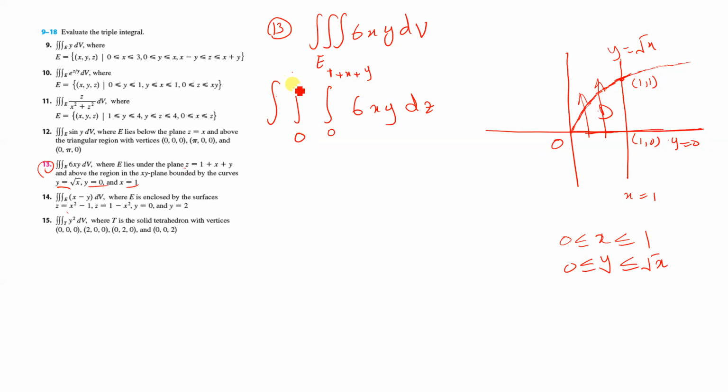So y goes from 0 to square root of x, so we have dy here, and x lies between 0 and 1, so we have dx here. This is how this integral can be transformed into an iterated integral, and the rest of the calculations can be done by yourself. So solve this to evaluate the integral yourself.